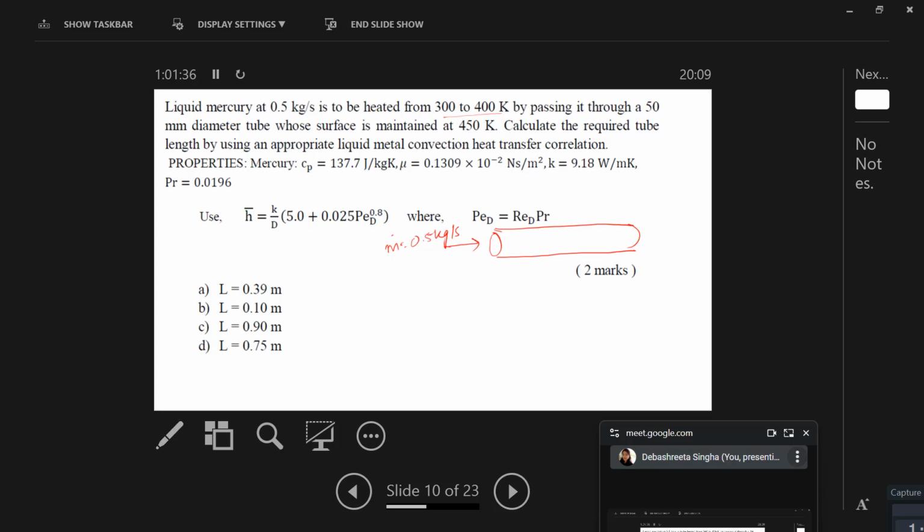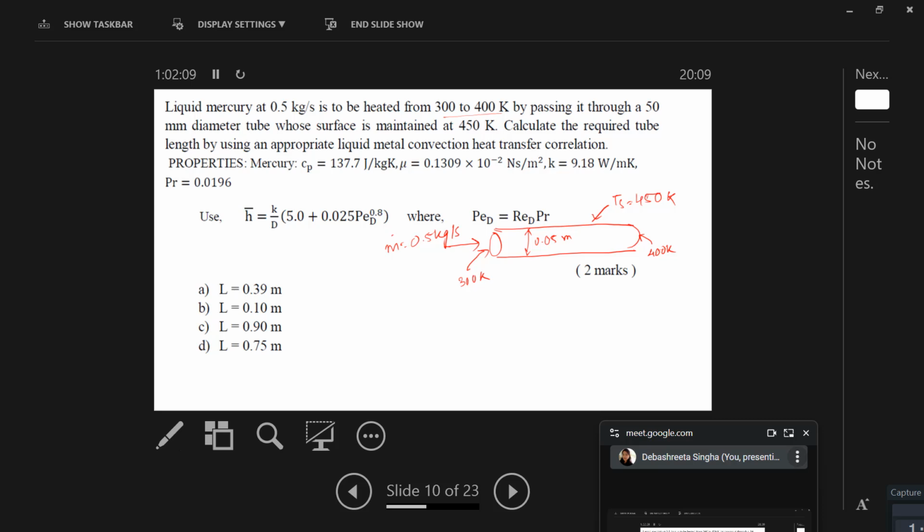Then it is heated from 300 to 400 Kelvin. Tmi is 300 Kelvin, Tmo is 400 Kelvin. Diameter is 0.05 meter. Surface temperature is 450 Kelvin. Calculate the required tube length by using an appropriate liquid metal convection heat transfer correlation.